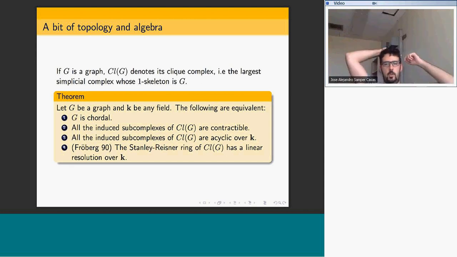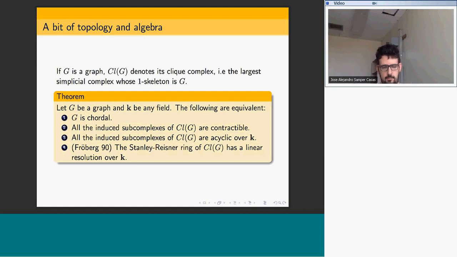But the following we can think of, of course, in terms of topology and algebra, but for this we need to pass to the clique complex. If you fix the one skeleton, you add simplices as you can without adding more edges. And then you want to characterize chordal graphs.